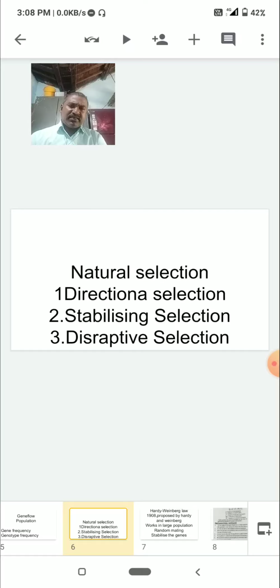Whatever changes take place in the organism, those organisms are selected by nature; that is called natural selection. It is mainly of three types: directional selection, stabilizing selection and disruptive selection. Directional selection operates in response to gradual changes in the environmental condition.